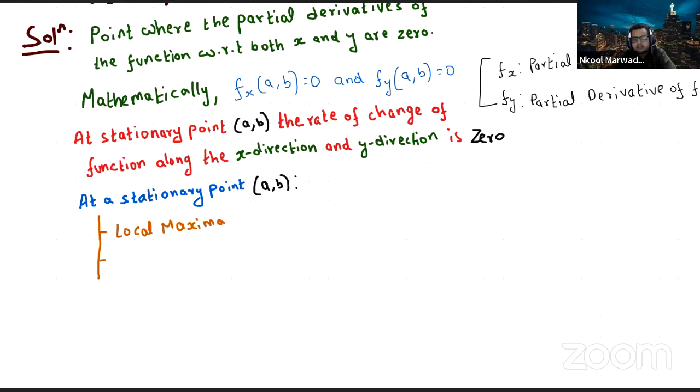Like the stationary point can be a point of local maxima. I can write it like this.